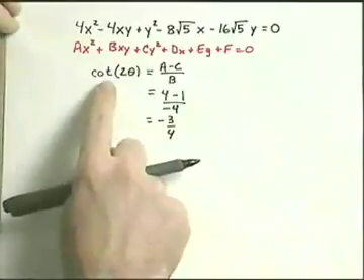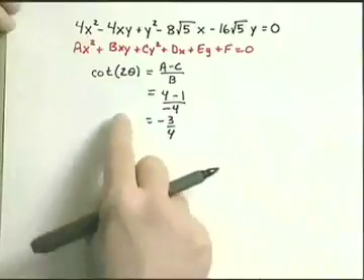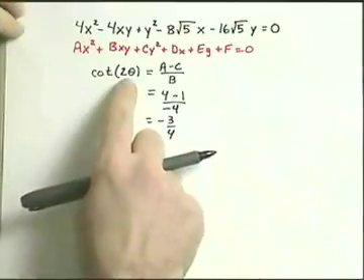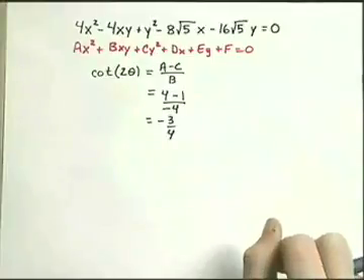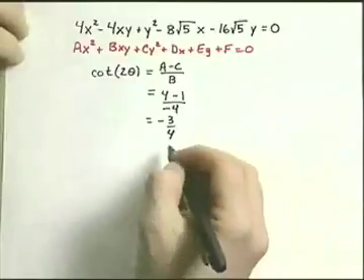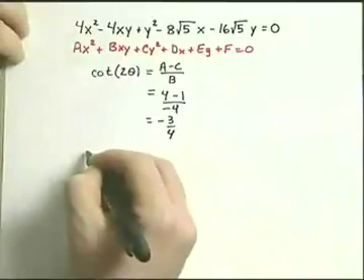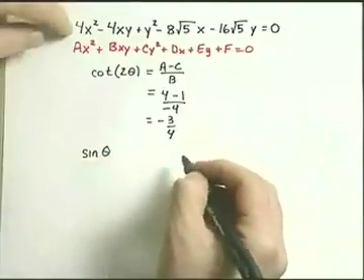Now we could take the arc cotangent of both sides of the equation. The only problem is that's not going to give us an exact value for the angle theta. Therefore, we have to go a different route. Remember, our goal here, in order to find the appropriate rotation, is to determine sine of theta and cosine of theta.